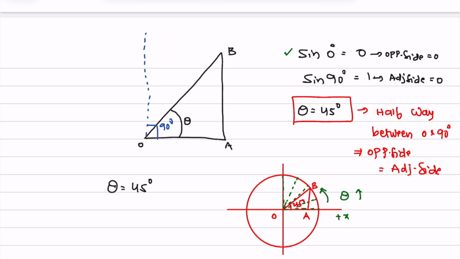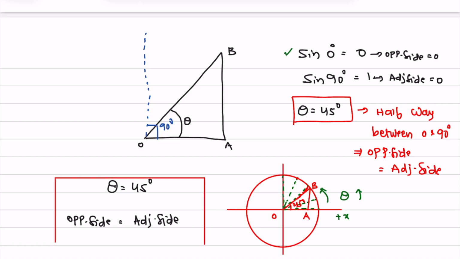Please understand. This is theta is equal to 30. This we say theta is equal to 60. Halfway between is theta is equal to 45. Opposite side is equal to adjacent side. Please remember this. You need not remember any tables. Please understand the geometry. That's all. You can easily find out the values.